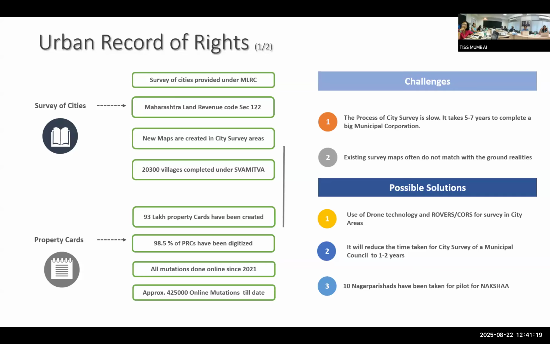If you are staying in an area which is a kind of urbanized area, but you still have a rural record of rights, why are you having it? It is because the process of city survey is very slow.